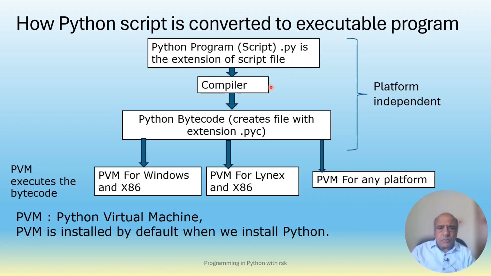When we compile the program or execute it for the first time, that script gets compiled by the Python compiler, which converts the source file into Python bytecode. That bytecode file is generally with the extension .pyc.